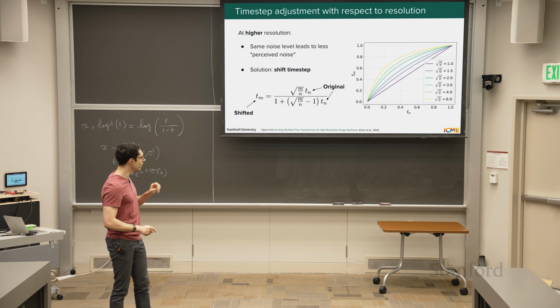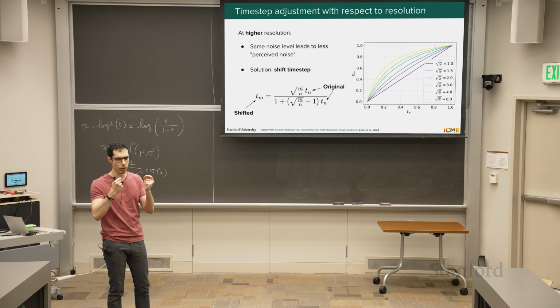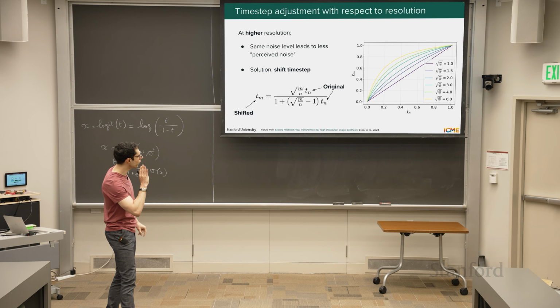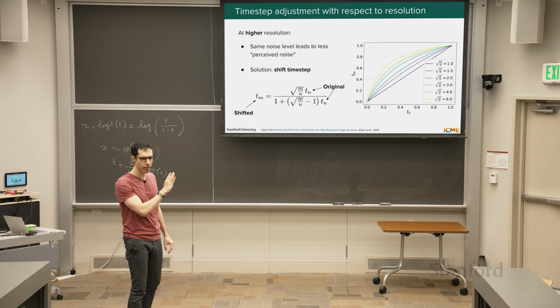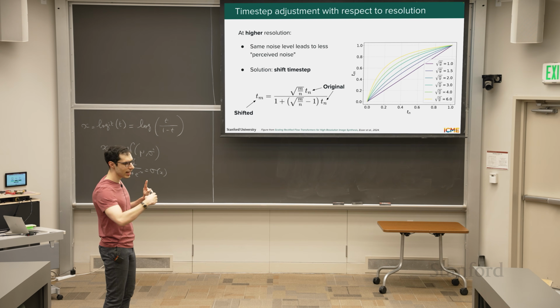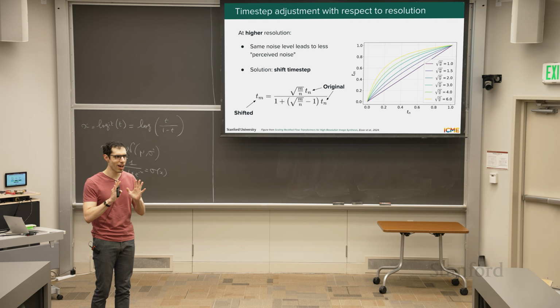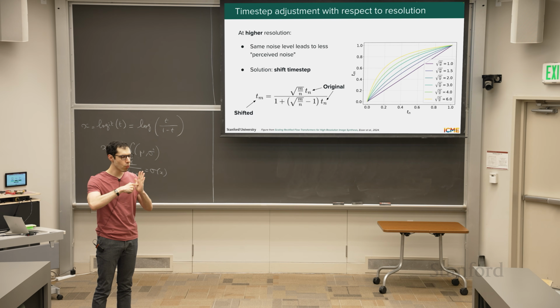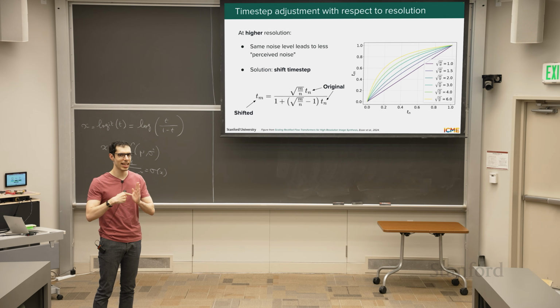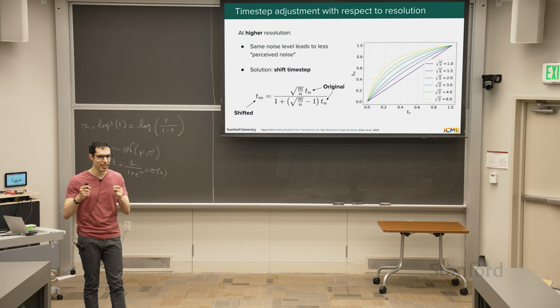The reason it's there is just to show you how people shift time steps in practice. I would first want us to look at the chart on the right. You see Tn and Tm. Here, let's assume you have two images, one of resolution n and the other of resolution m, where n is smaller than m.